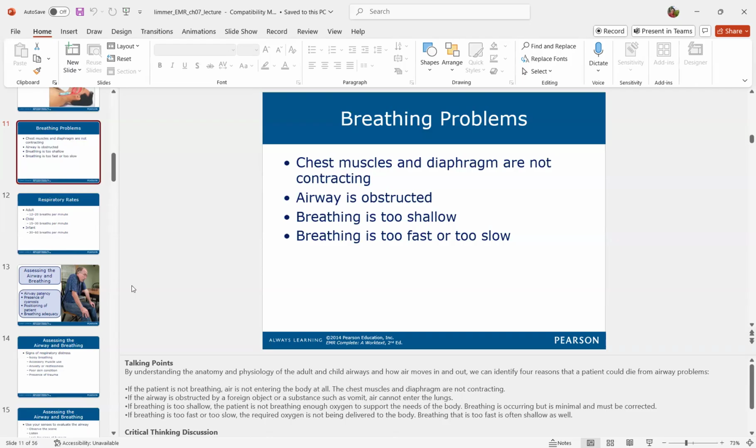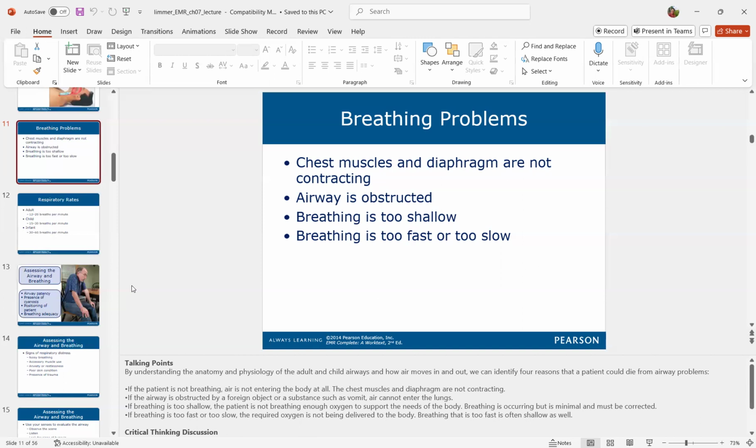If breathing's too shallow, the patient's not breathing enough oxygen to support the need of the body because that exchange isn't taking place, getting the oxygen out where it needs to go and the carbon dioxide back and pushed out. So breathing is occurring with minimal effort, and we can correct that. That would be like if somebody has anaphylactic shock or if they have a broken rib, something like that.